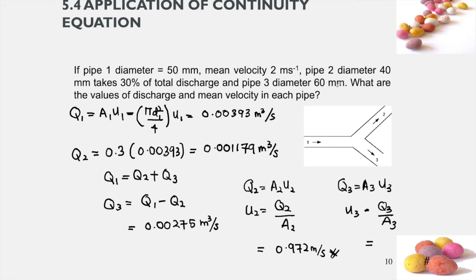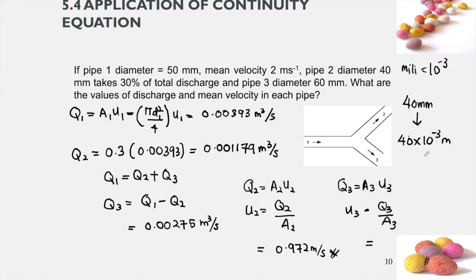For example, you want to change 40 mm into meter. So 40 times 10 to the power of minus 3, because milli is 10 to the power of minus 3. So you multiply with 10 to the power of minus 3 meter.